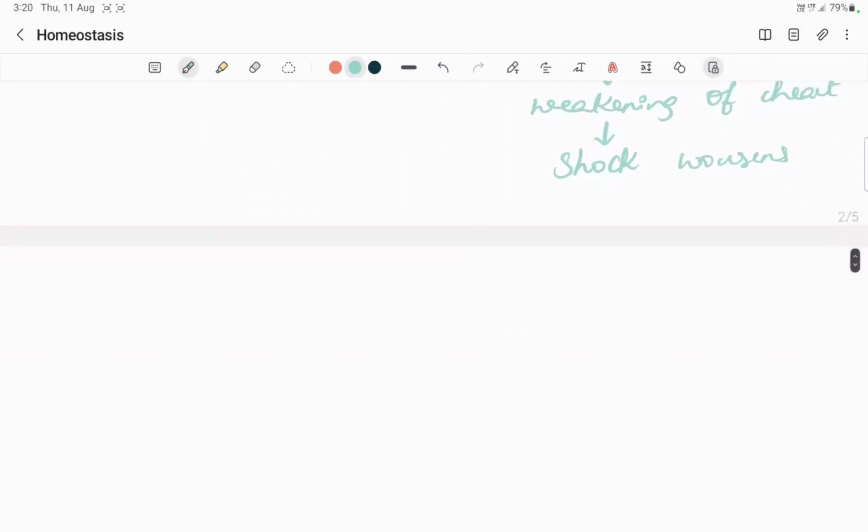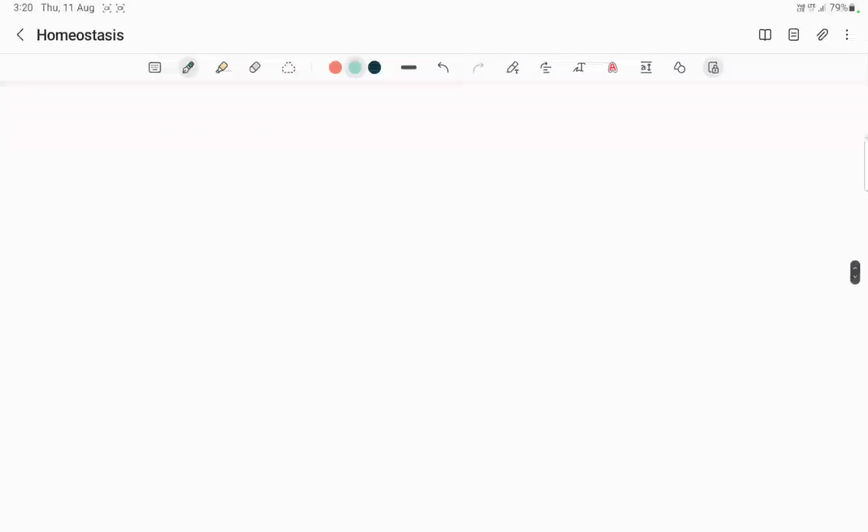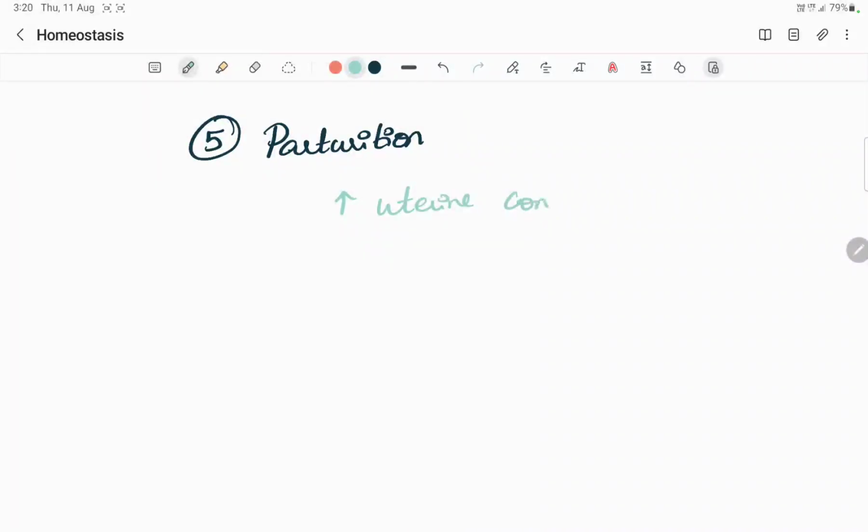So finally we'll see one more example. The fifth one is parturition, childbirth. So here there is an increase in uterine contraction.